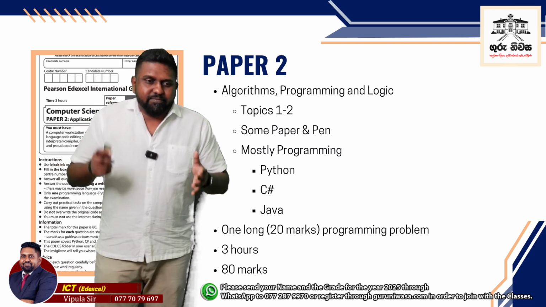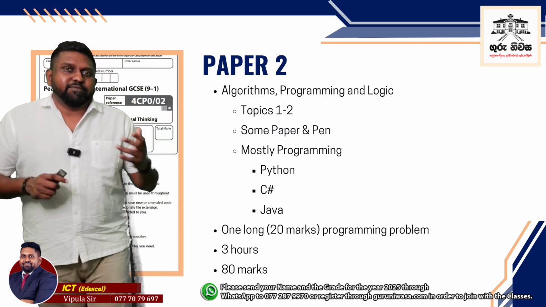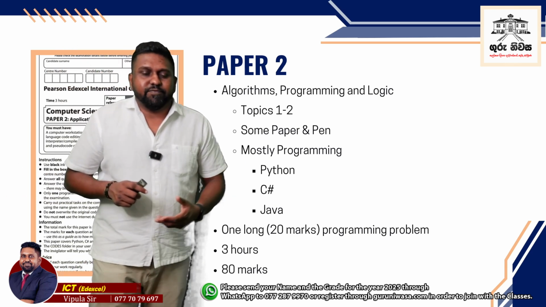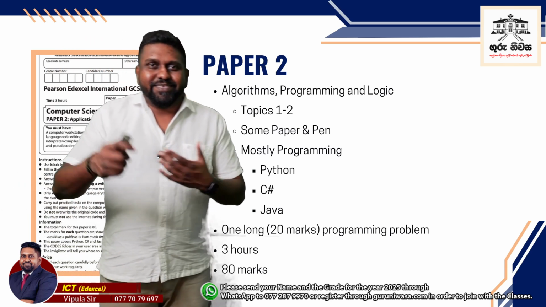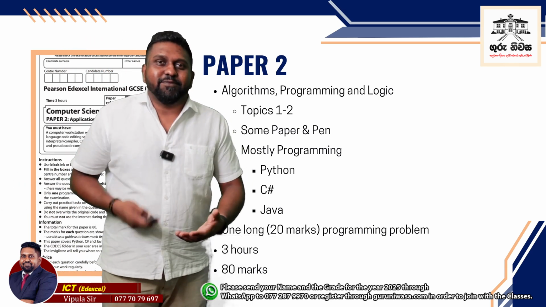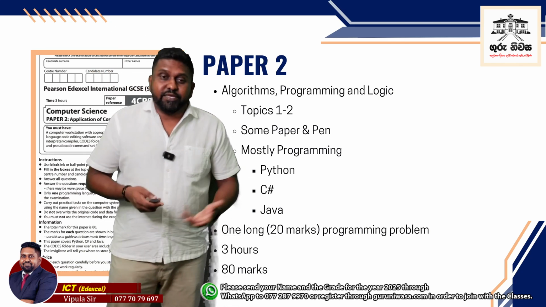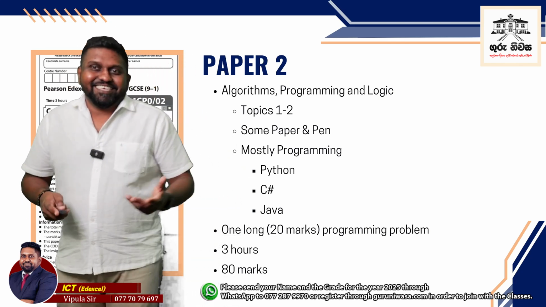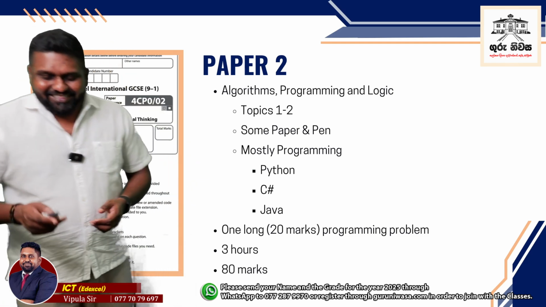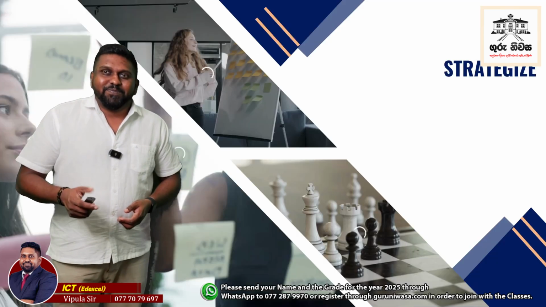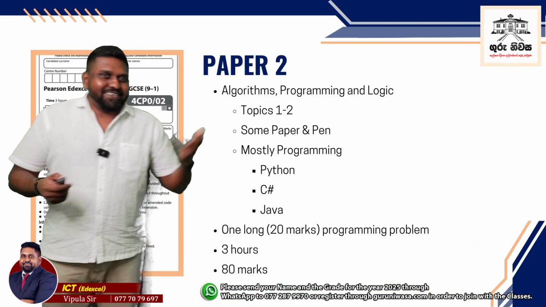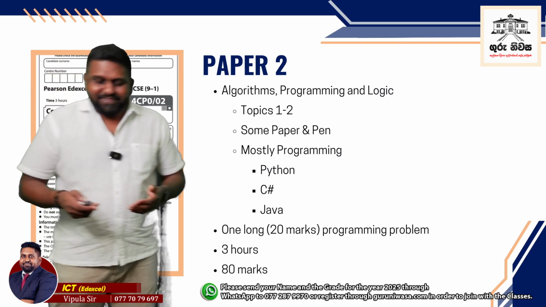It's nothing complex, but you just need practice, because that's focused on giving a software-based solution to a problem. Then the total is you get 3 hours and 80 marks for the paper as usual. And that's it. So you do those 2 papers and that's done.